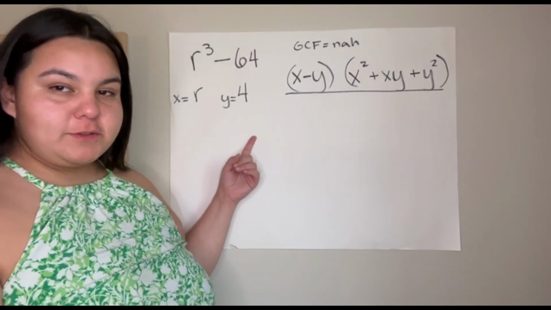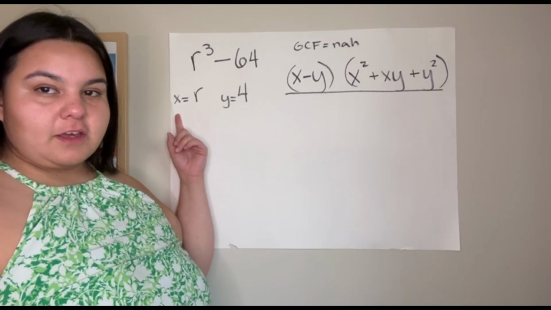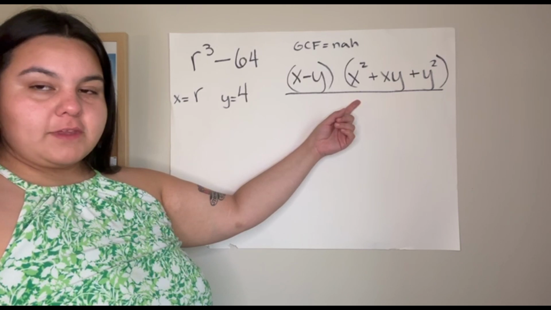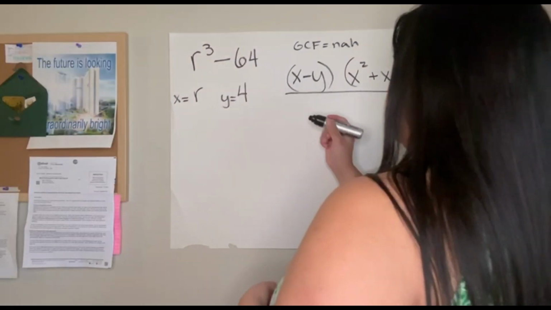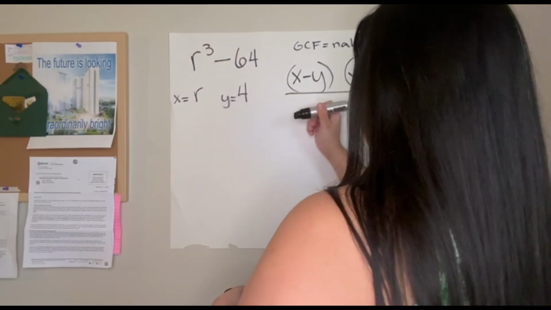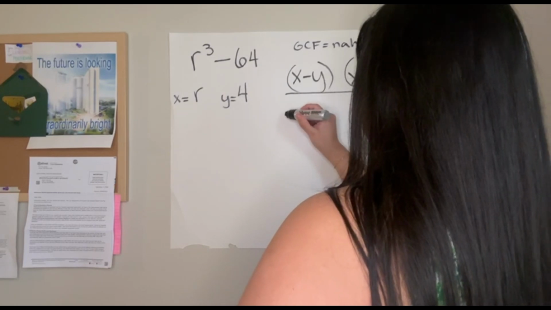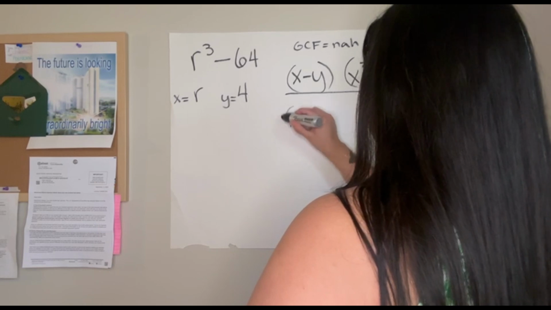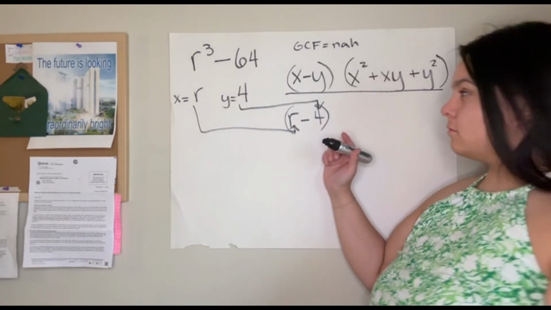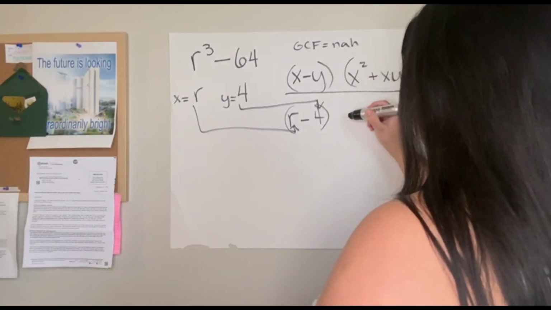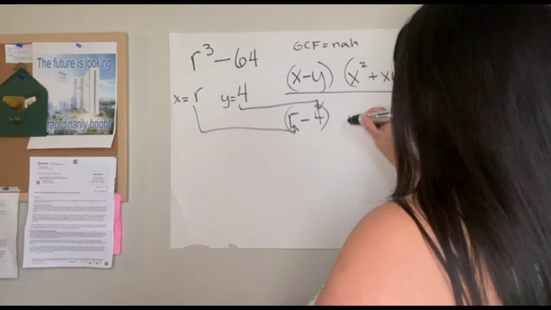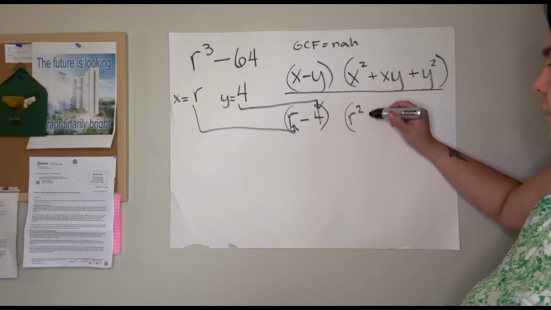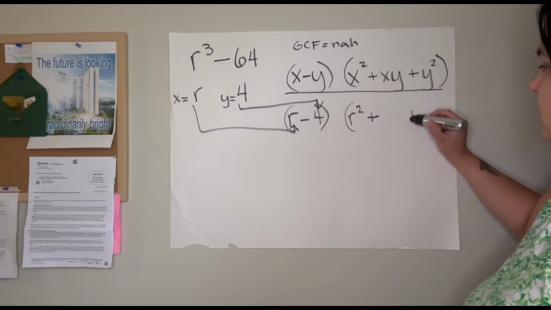What we're going to do now is take x and y and put them into this formula. x minus y, r minus 4, right? Then you get r squared. Going in, you want to just put the pluses immediately.